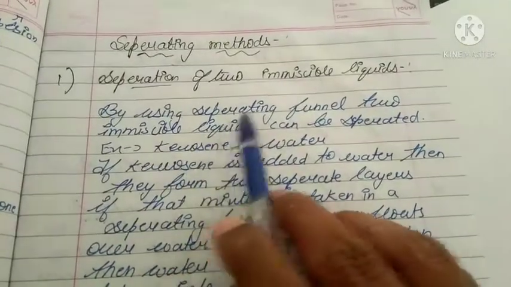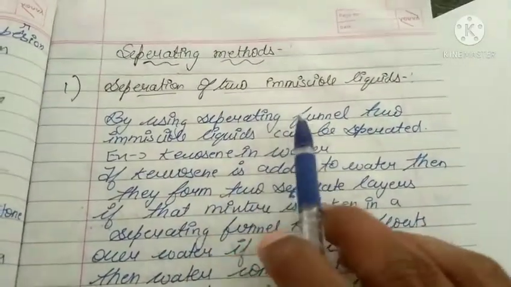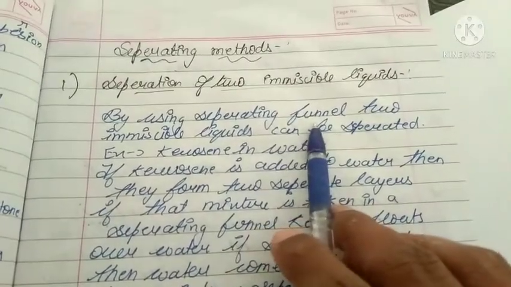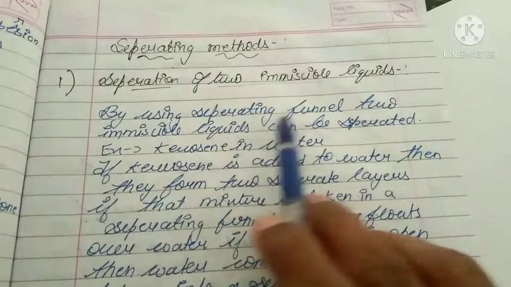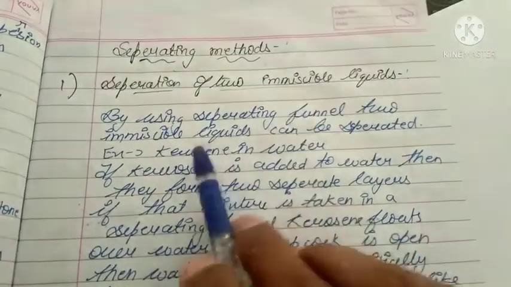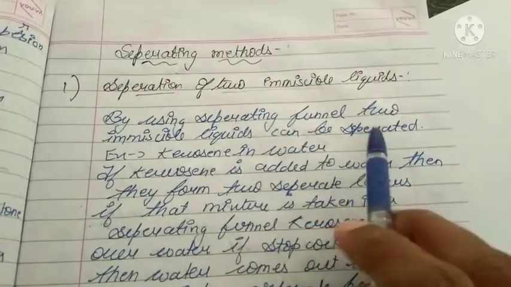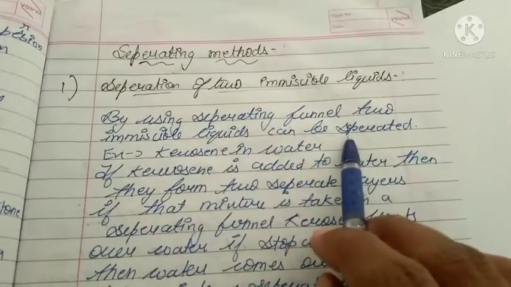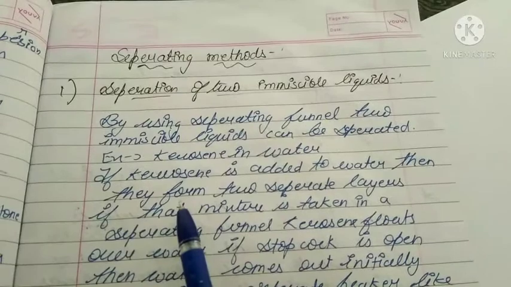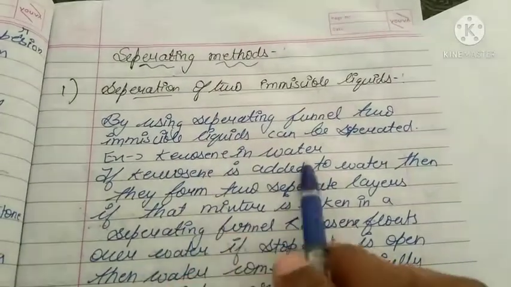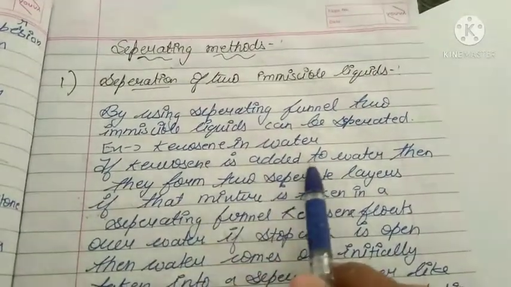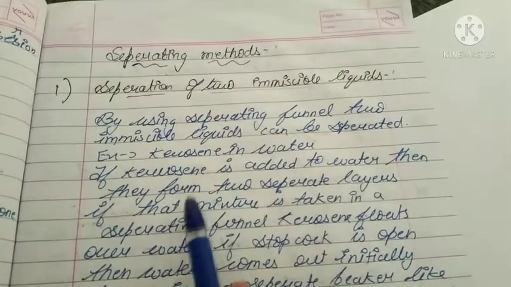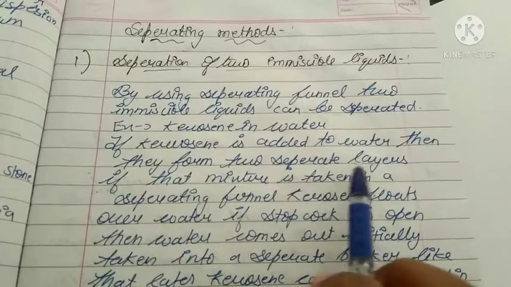There is an instrument in the chemistry laboratory called a separating funnel, students. By using a separating funnel, two immiscible liquids can be separated. Example, kerosene in water. If kerosene is added to water, they form two separate layers.